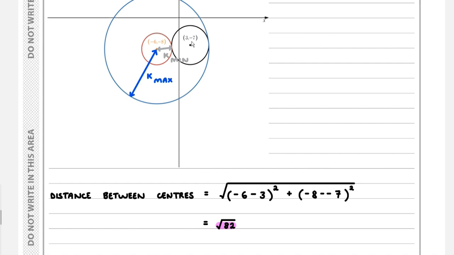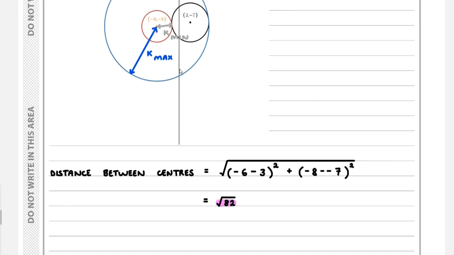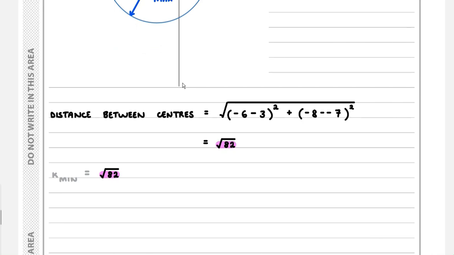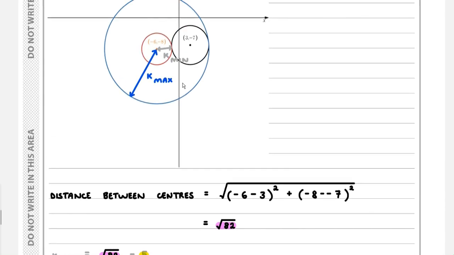Now we know C1 has a radius of 5, so to find out what k min is, we've got this distance of root 82, and if I take away the 5, I get k min. So k min is equal to root 82 subtract 5.